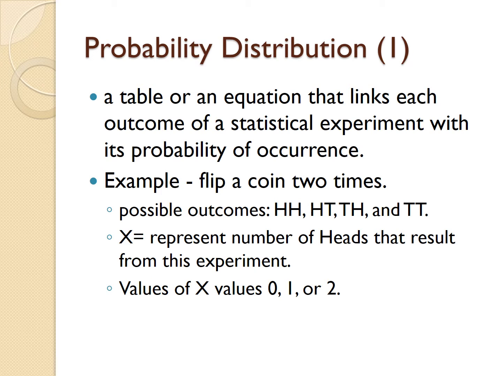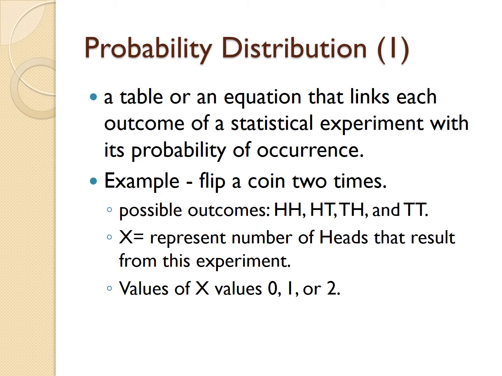Probability distribution is a table or an equation that links each outcome of the statistical experiment with its probability of occurrence. Let's look at an example. Suppose you flip a coin 2 times. This simple statistical experiment can have 4 possible outcomes: head-head, head-tail, tail-head, and tail-tail.